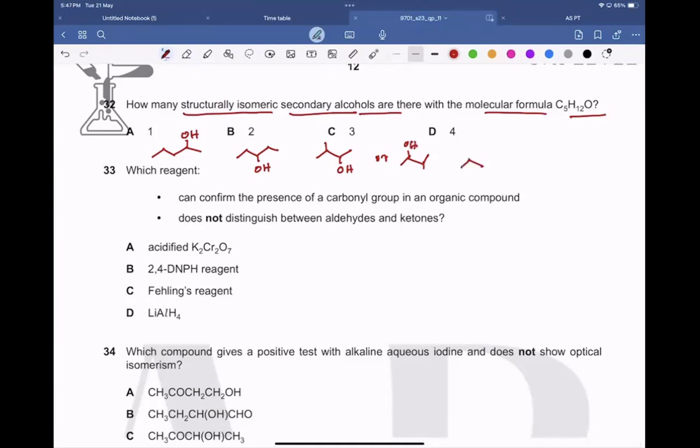And if I keep 3 carbons and try to put both on the same carbon, that makes it tertiary, not secondary, right? So it can't be. So there are only 3 options. So A, B, and D go wrong, and C is the correct answer over here.